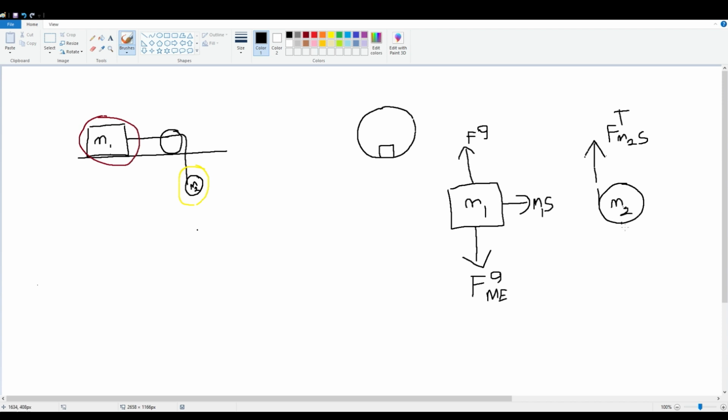And then we would have just a force of gravity as well on the Earth by the ball. And then we have to remember that it was given that M2 would be a hollow ball, while M1 would be a solid object.